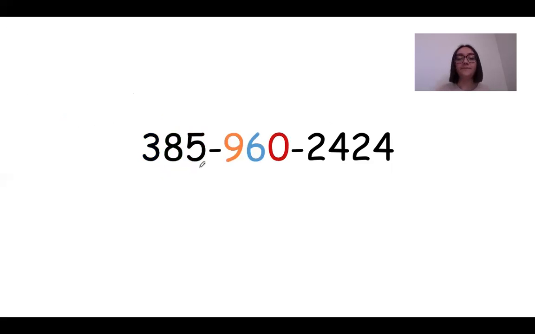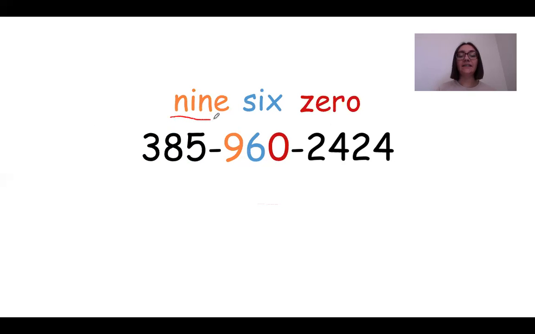The next three are 9, 6, and 0. 9 is spelled N-I-N-E, 9. 6 is spelled S-I-X, 6. And 0 is spelled Z-E-R-O, 0.